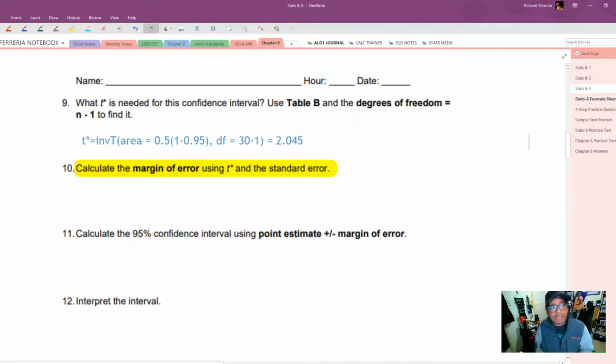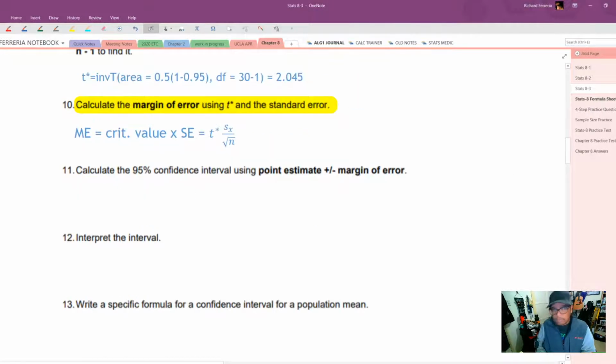Next thing we have to do is calculate the margin of error, and that's going to be the critical value multiplied by the standard error. In this case, our critical value is t star, and our standard error is s over root n. Okay, let's substitute numbers, and then finally do the multiplication.